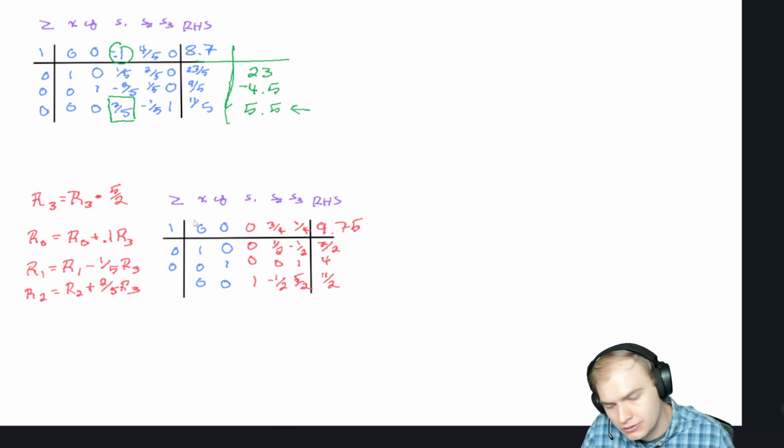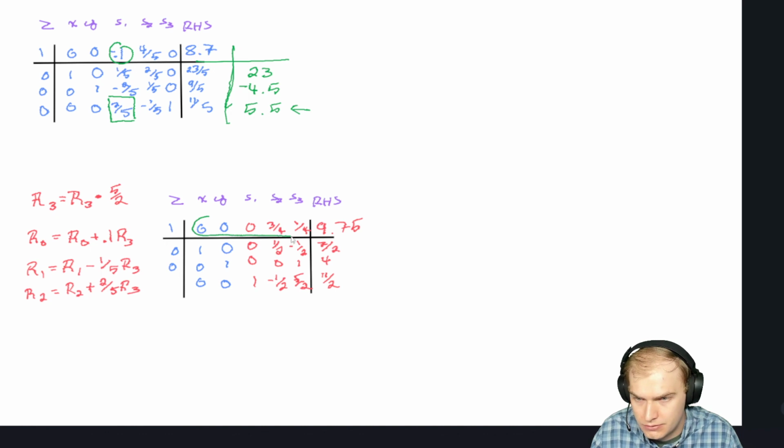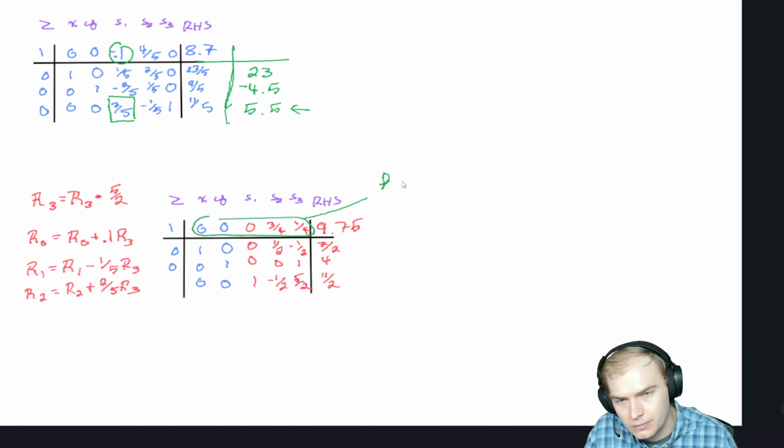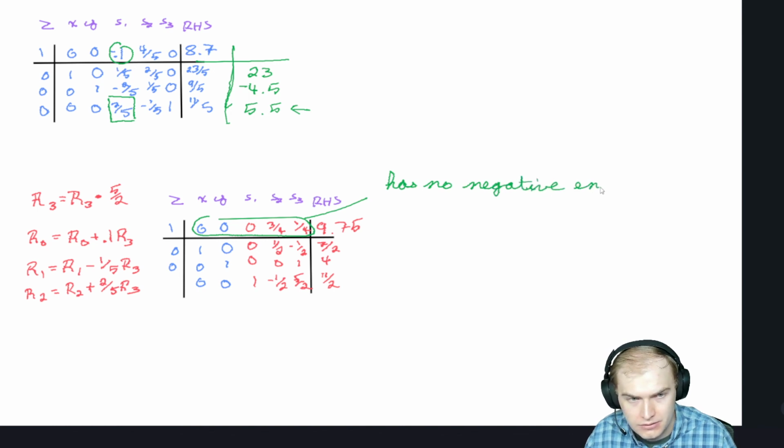So the objective row has no negative entries. So we are optimal.